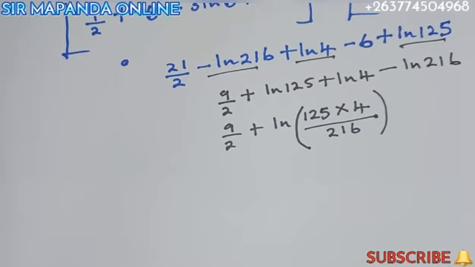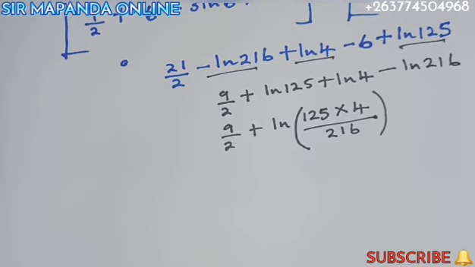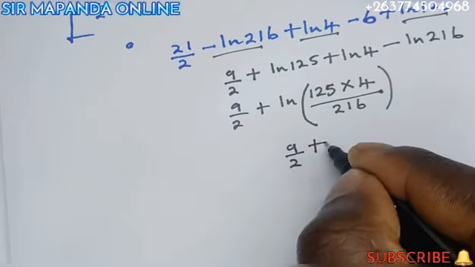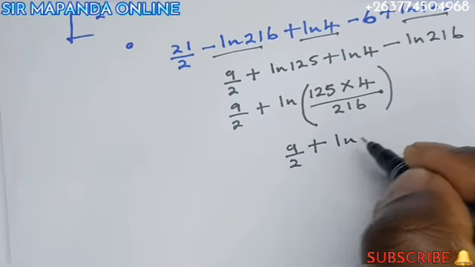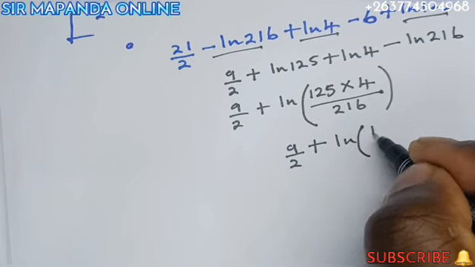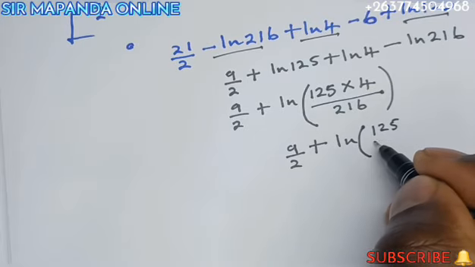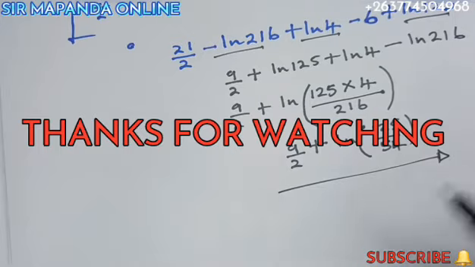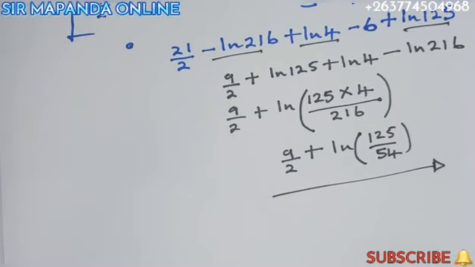So 125 times 4 divided by 216, you get 125 over 54. So your final answer is 9 over 2 plus ln 125 over 54. And this is your final result.